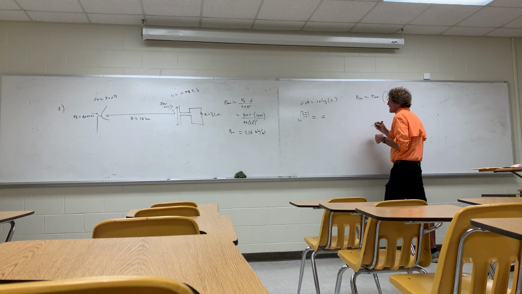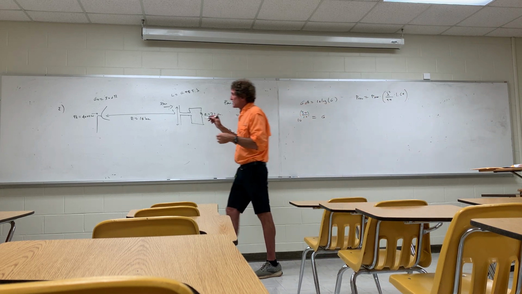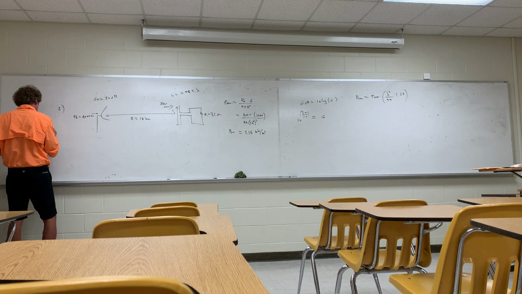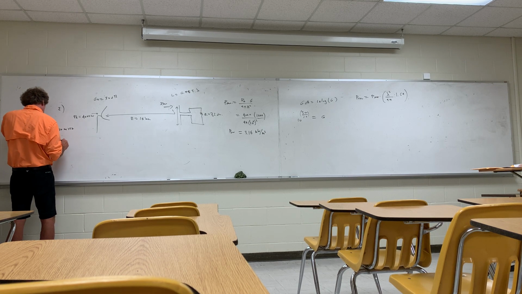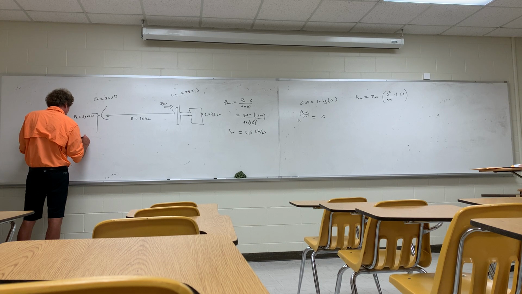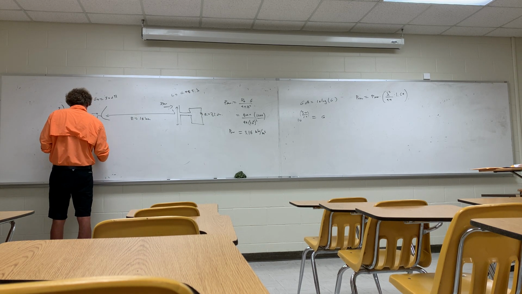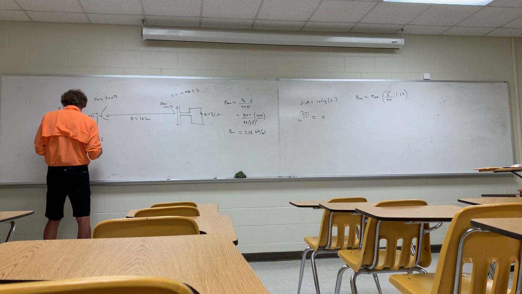And lambda for this one, I didn't put the frequency. Frequency is 500 megahertz, right? And that means lambda is equal to C over F, or it's 3 times 10 to the 8th over 5 times 10 to the 8th, or it's going to be 0.6, right?